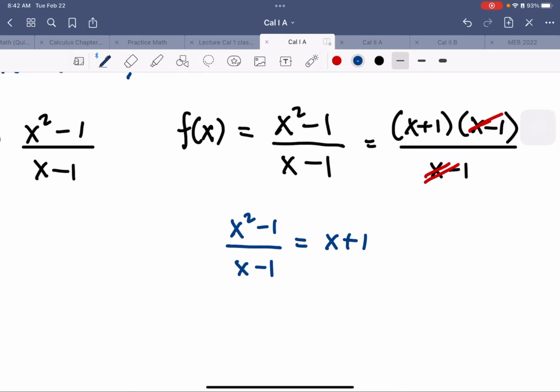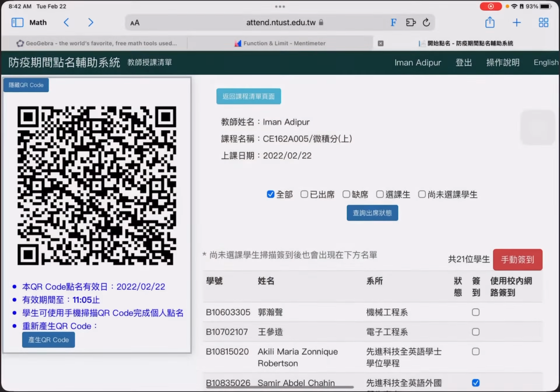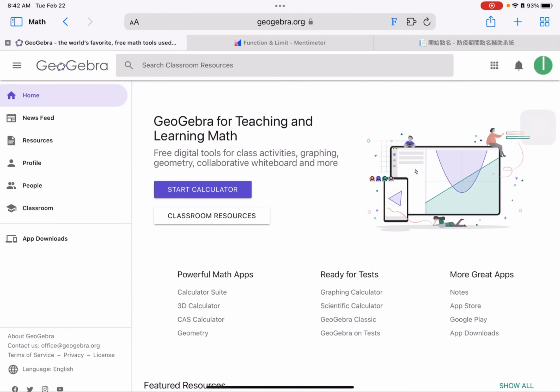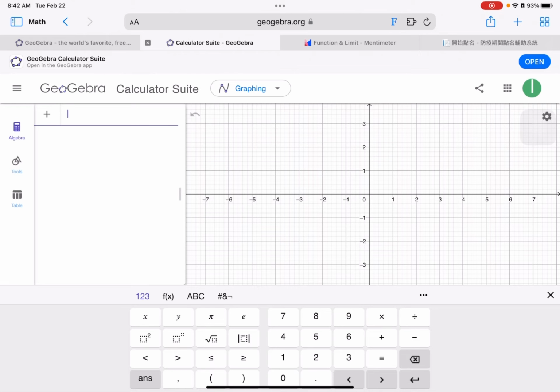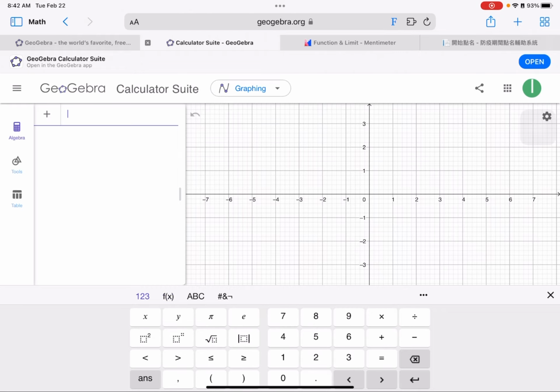you will see something. Let me just show you. x squared minus 1 over x minus 1.